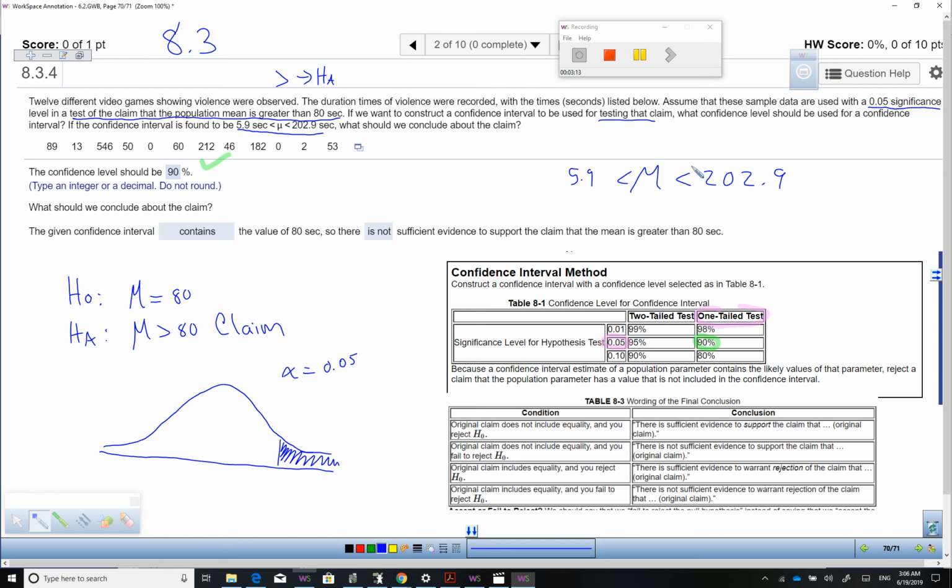If the confidence interval contains the assumed value of the mean of the population in the null hypothesis, we fail to reject the null hypothesis, since the 80, the value in the null hypothesis, is contained in the interval.